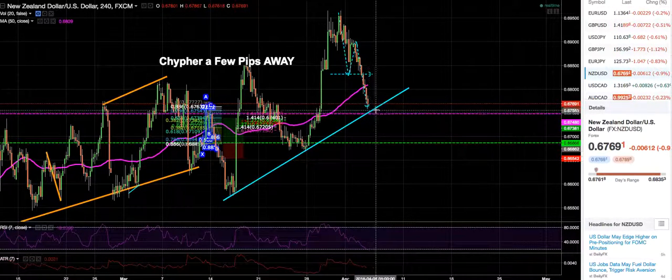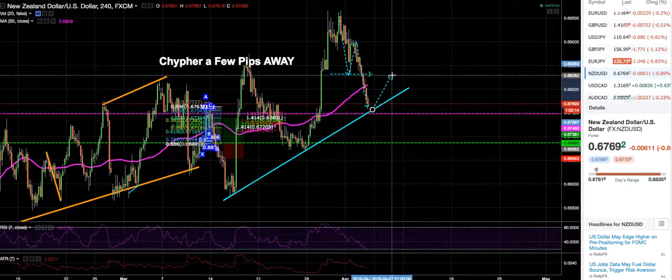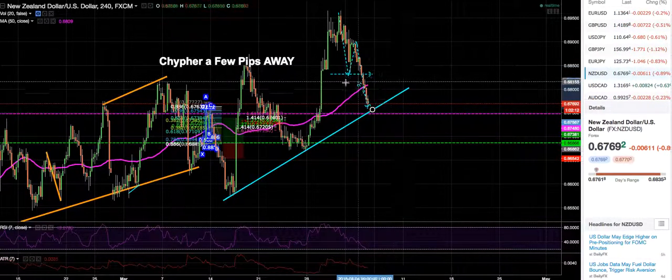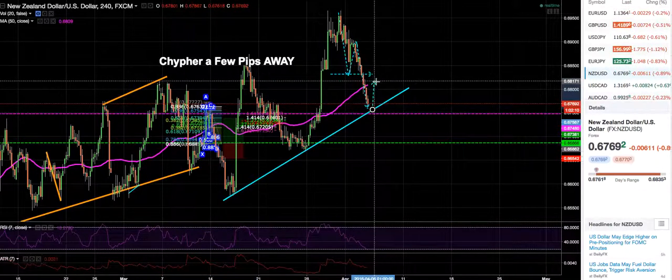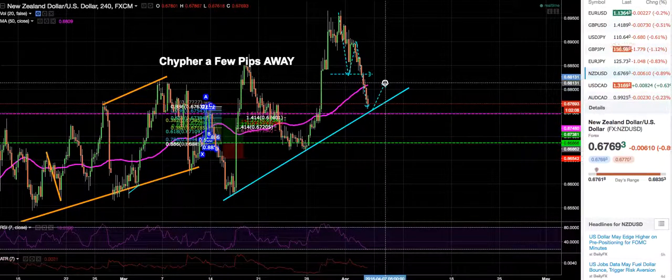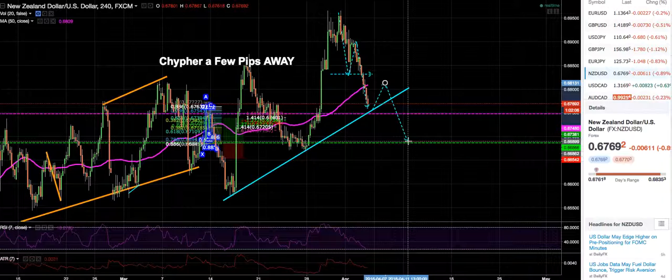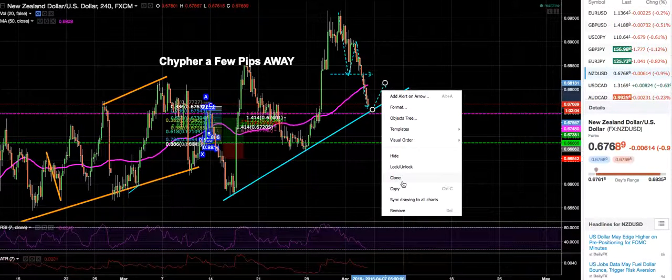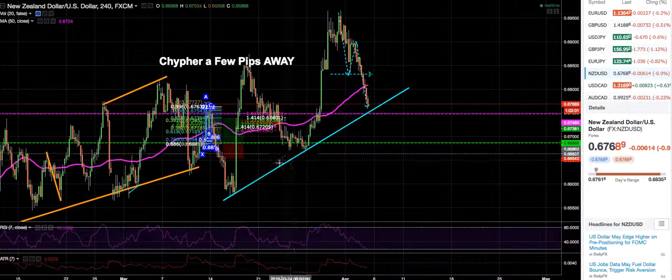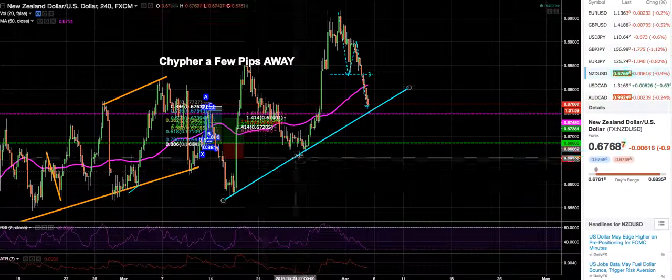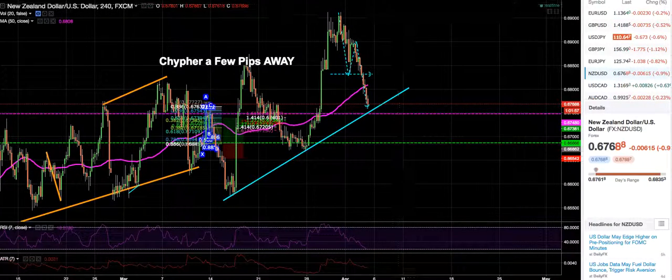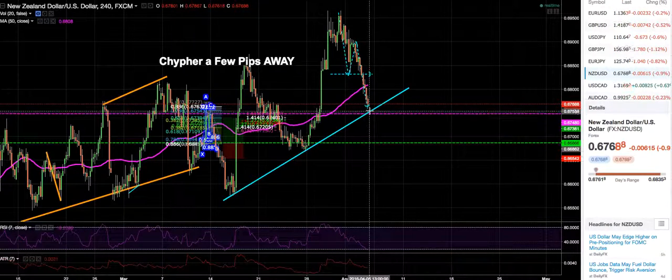We would hit this trend line right here, push up to about this area right here. We have the structure right here as well, and do something like this, right?